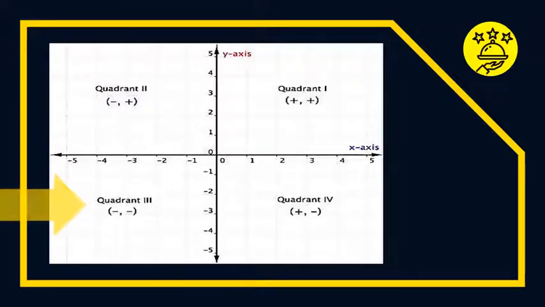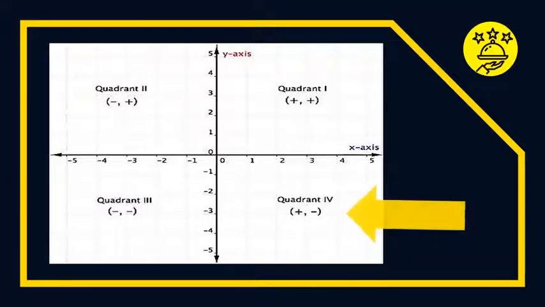Quadrant 3 is in the lower left side of the Cartesian plane. We have a negative x-coordinate and a negative y-coordinate. Quadrant 4 is in the lower right side of the Cartesian plane. We have a positive x-coordinate and a negative y-coordinate.